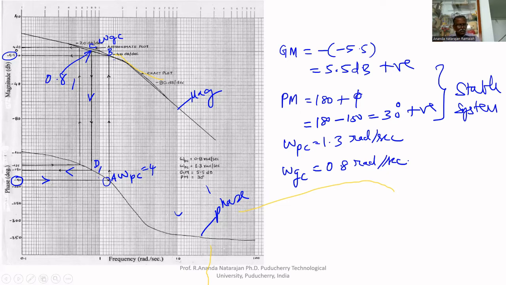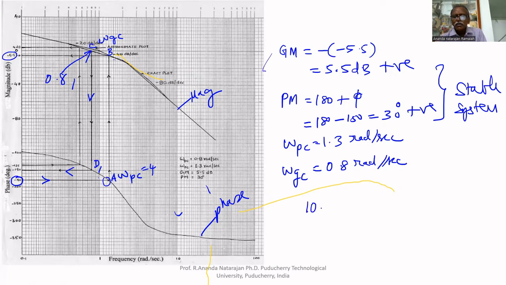Now, what is the second question? Using Bode, how should the gain be adjusted so that the gain margin becomes 10 dB? What is the present gain margin? 5.5. What is the required gain margin? 10.